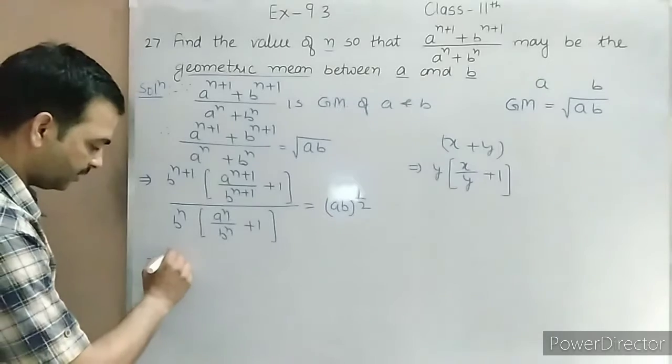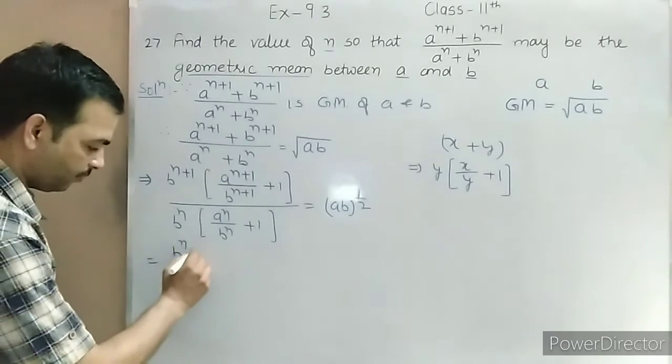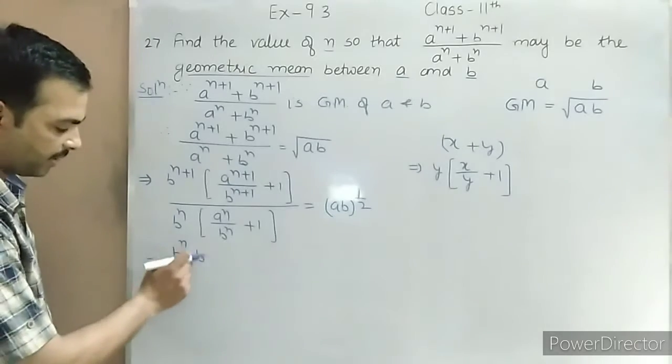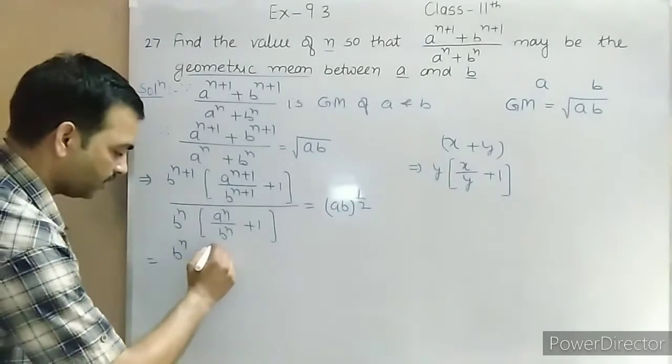So it is b^n into b^(n+1). I can write it as b^n into b.